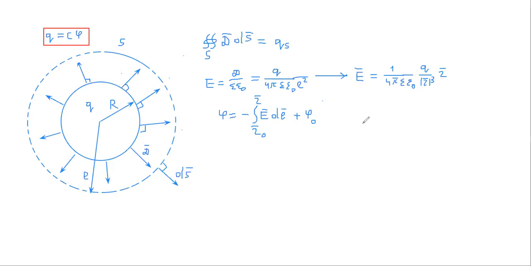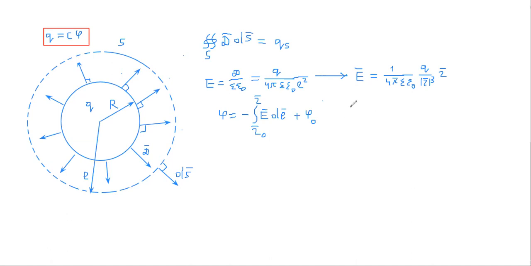And it is necessary to remember that we can choose as we want. We can choose the initial point, and we can choose the value phi 0.